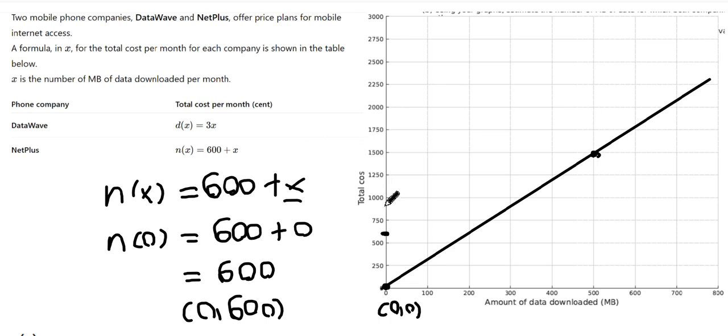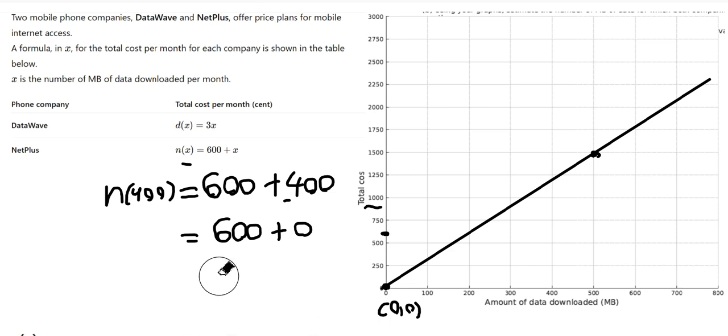See the number 1000 as an example. 600 plus 400 is 1000. So if we use an input of 400 instead, we get 600 plus 400. That means when your input is 400, your output is 1000.